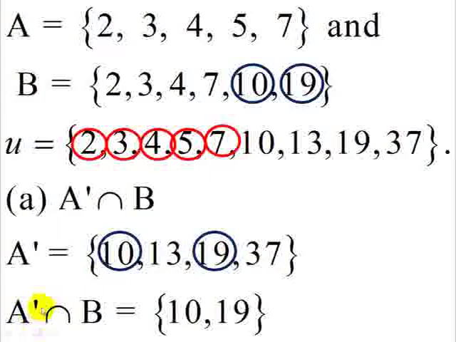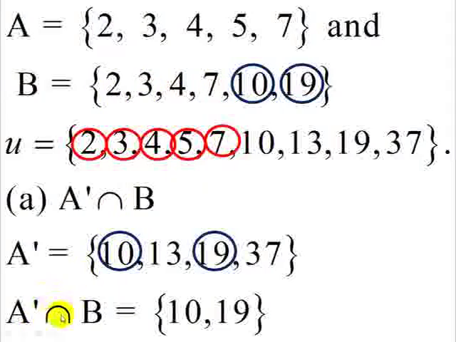Now you have to find A complement intersection B. The elements of A complement are 10, 13, 19, and 37. And B has been given in the question, that is 2, 3, 4, 7, 10, and 19.